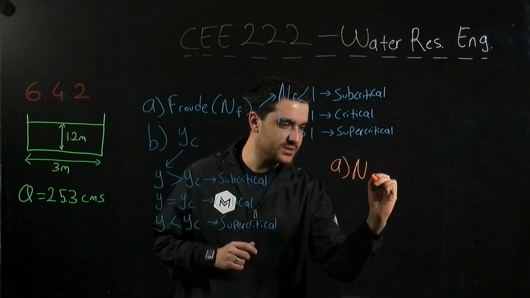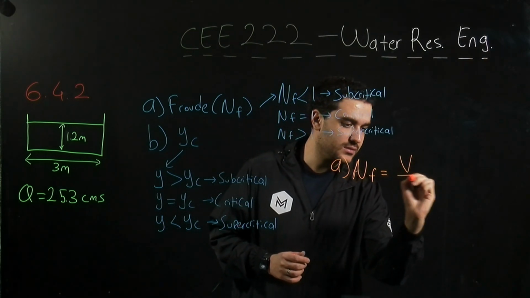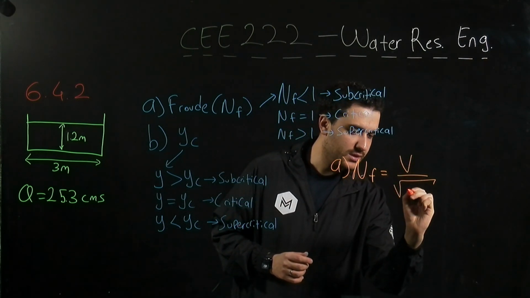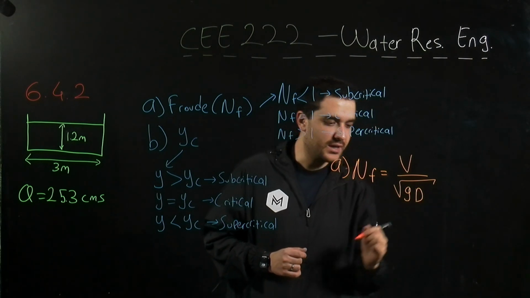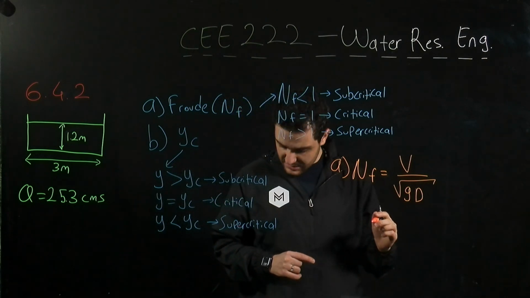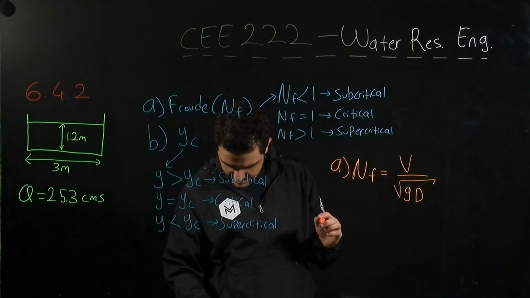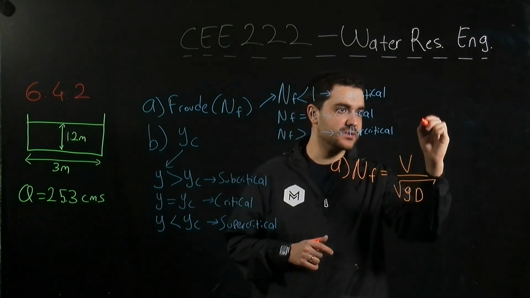So the Froude number is equal to velocity over the square root of gravitational acceleration times hydraulic depth. If you check your textbooks, I think it's again table 6.1.